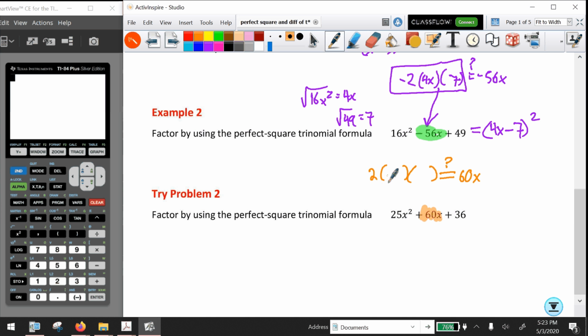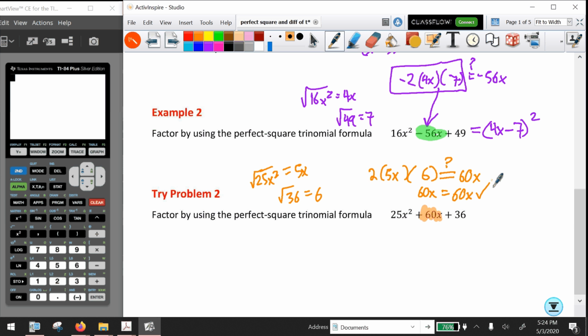So what is the square root of 25x squared? The square root of 25x squared is equal to 5x. And what is the square root of 36? That is equal to 6. 2 times 5x is 10x, times 6 is 60x. So this checks out.